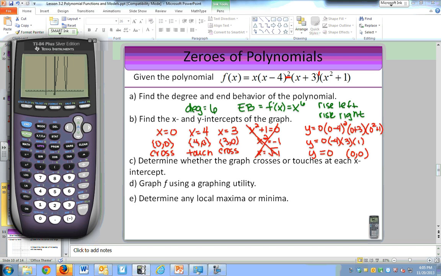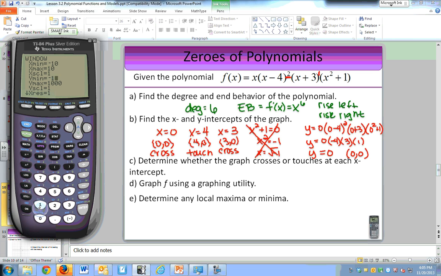Still going up there pretty high. So there we go. Okay, so there we can see our local max. Let's change it to see if we have any local min. So negative 100 maybe? Oh, still goes pretty far down there.